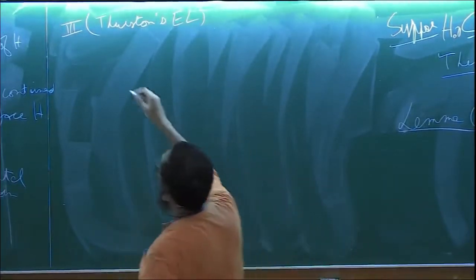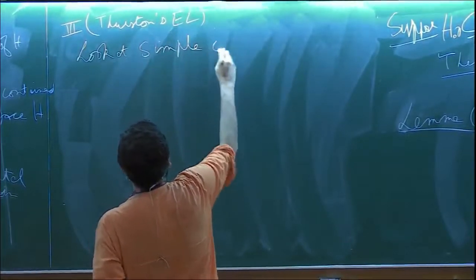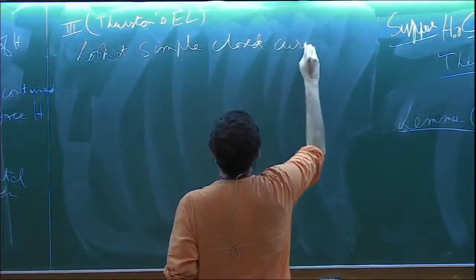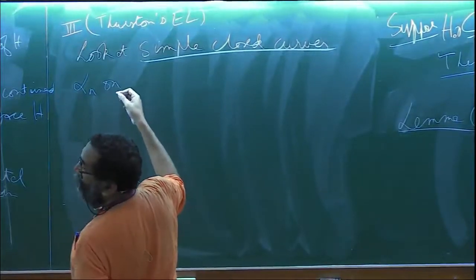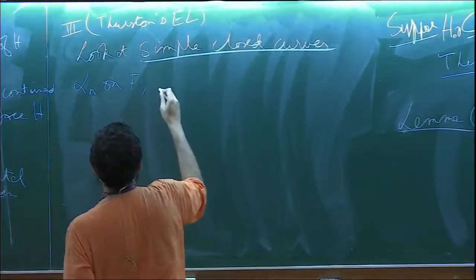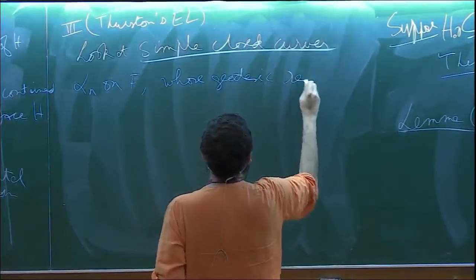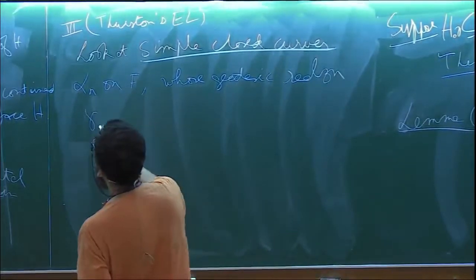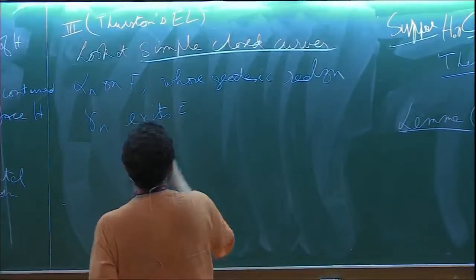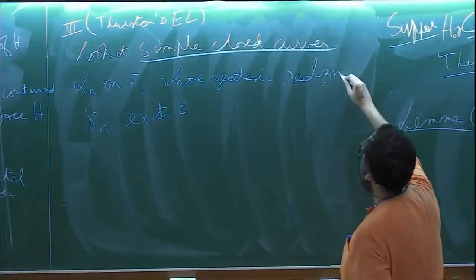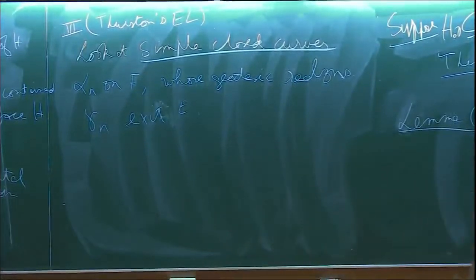Now this is a crucial hypothesis: simple closed curves alpha n on F whose geodesic realizations gamma n exit E. So we are trying to specialize this further.